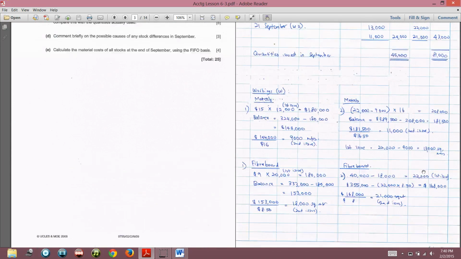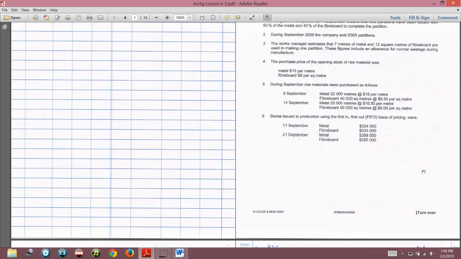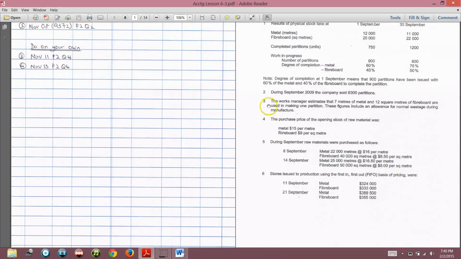Okay, so if you go through and read the question properly. Number 3, the work manager, work manager means production manager, estimates 7 meter of metal and 12 square meter of fiberboard are used in making one partition. You see, estimate, look at the fine description, estimate. This figure includes allowance for normal wastage during manufacture.